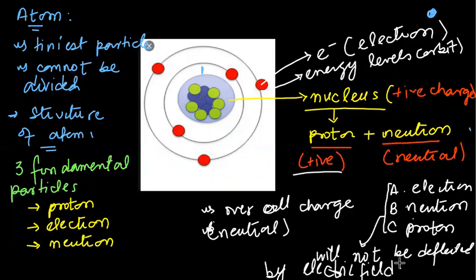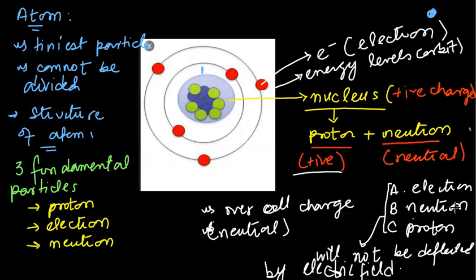electric field. If we see over here, the electron is negatively charged, so it would be deflected by the electric field. Whereas the proton has a positive charge, and positively charged particles are also deflected by the electric field. There is only one particle which is neutral in nature, that is the neutron.